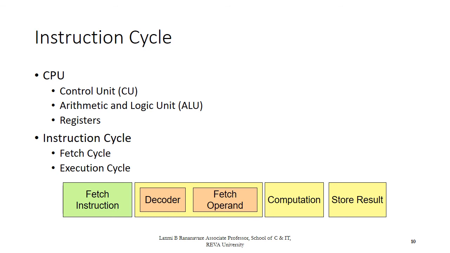Now you have to fetch that operand for execution. After fetching the operand, it performs the computations, and then it stores the result either in a register or in the main memory. So the instruction cycle has four parts: fetch the instruction, decode the instruction, fetch the operand, compute the operation, and then store the results.